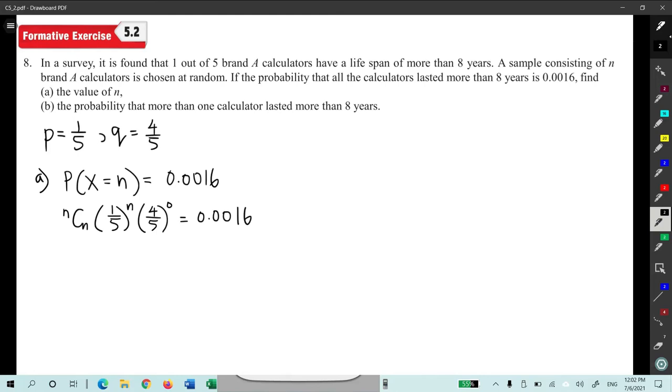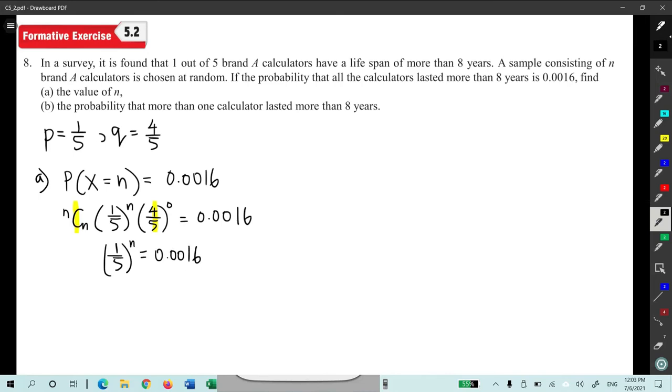And we know that nCn is equal to 1. 4 over 5 to the power of 0 is also equal to 1. So finally, we will just get 1 over 5 to the power of n is equal to 0.0016.